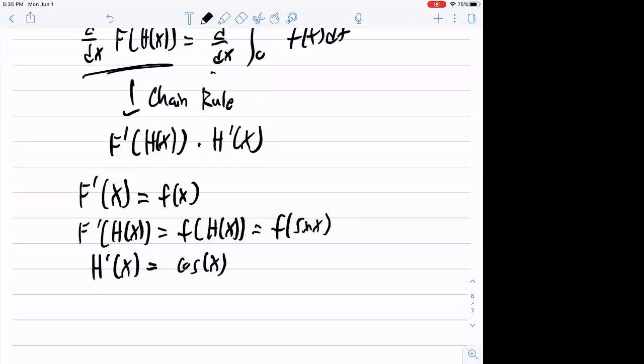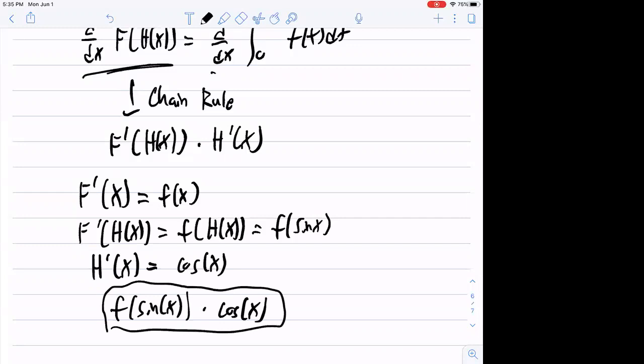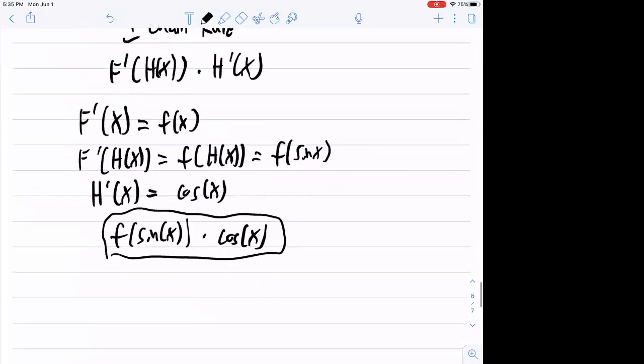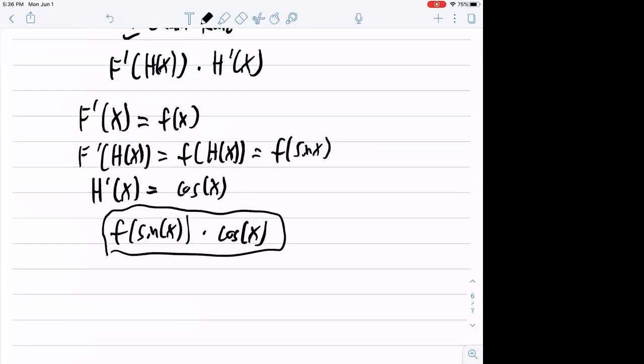So your answer is this: plug in and multiply by derivative. It's differentiable because these two are clearly differentiable, and it's given by a product of them. So, okay.